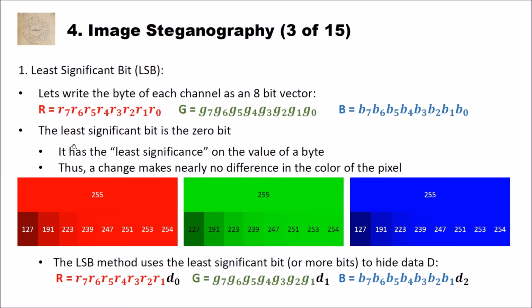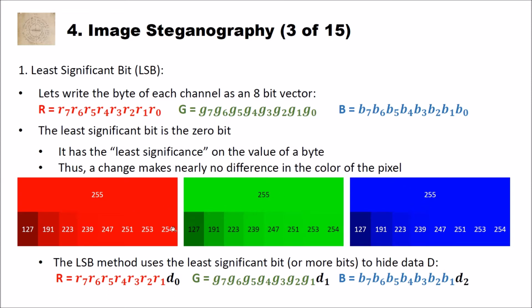That means that a change makes nearly no difference in the color of the pixel, because the least significant bit makes only a difference of 1. Here's an example of all 3 color channels and what happens when we change a bit of the channel. We have the red value 255, the green value 255, and the blue value 255.